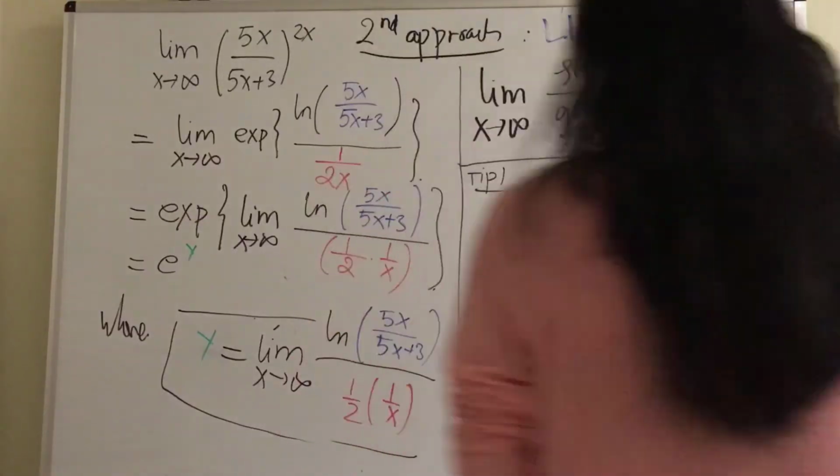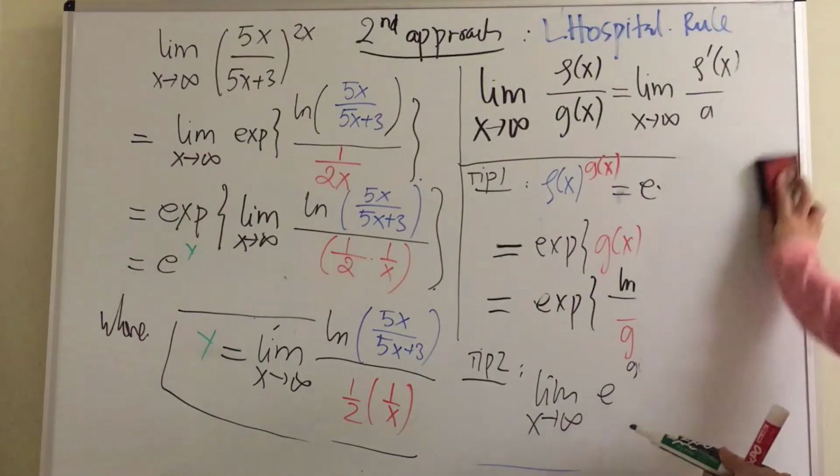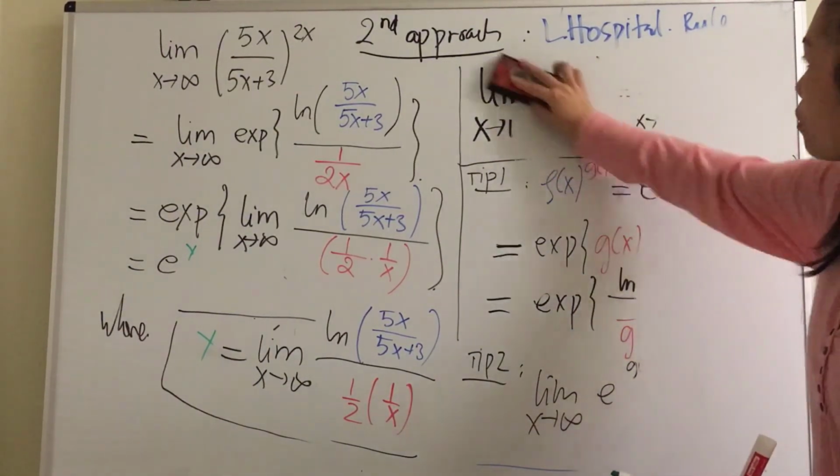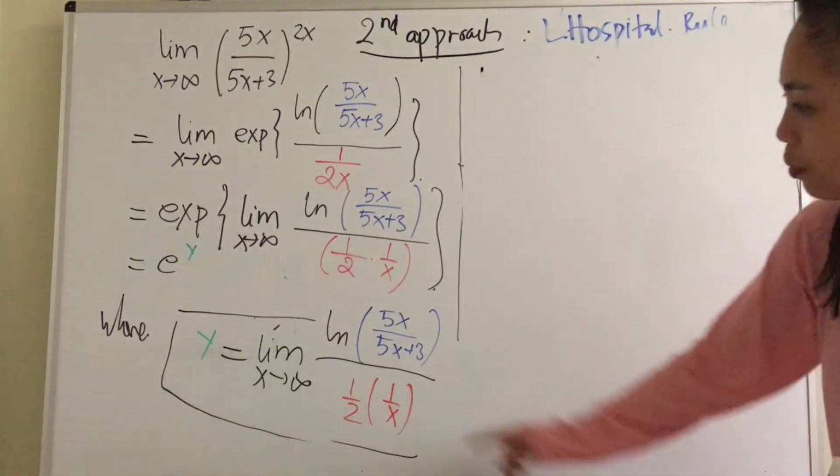Right. Now I'm going to erase this board because we have finished all the tips. We don't need them anymore. So now we have to deal with the limit y.